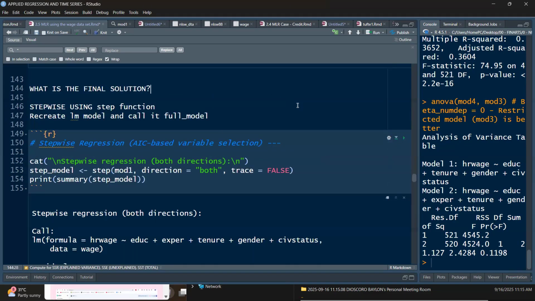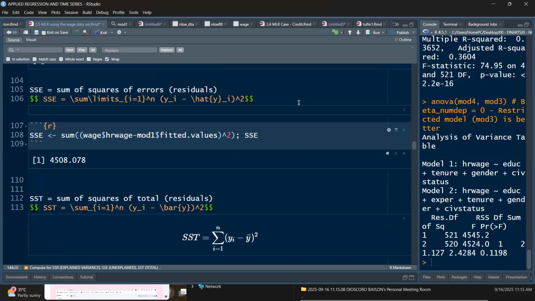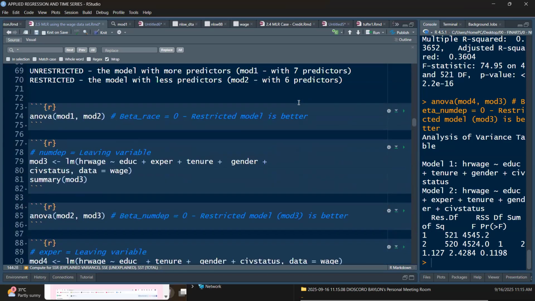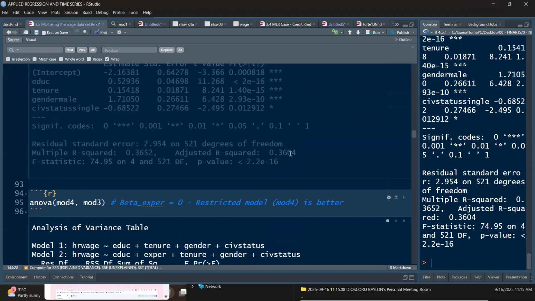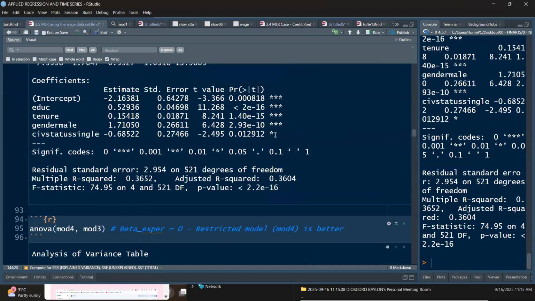Well, for the wage data set, we were able to come up with this solution, model number 4. So this is our final solution. All your predictors are significant. So you have hourly wage equal to negative 2.16 plus 0.53 times education plus 0.15 times tenure plus 1.71 times gender minus 0.68 times civil status.